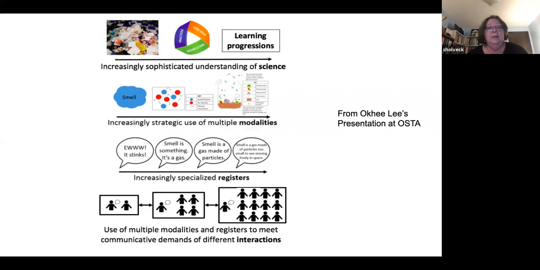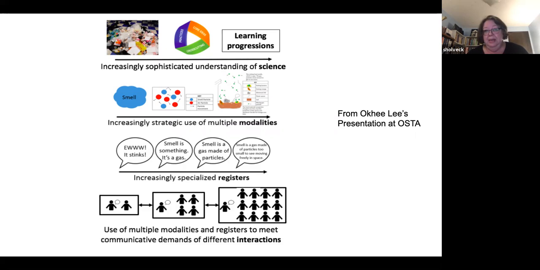And we included this slide of hers to try to bring out some of the main points of why you want to have students talking in your classroom and talking as much as they can, so that students develop an increasingly sophisticated understanding of science.